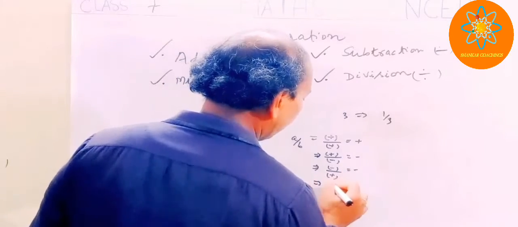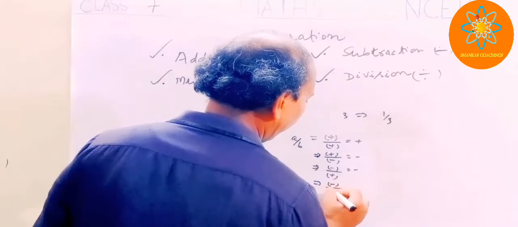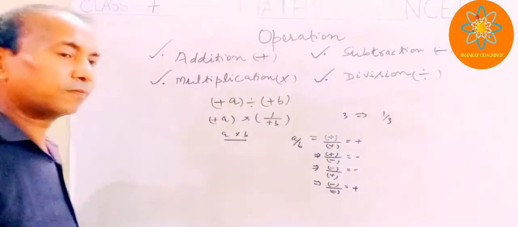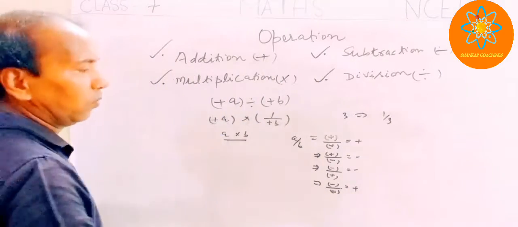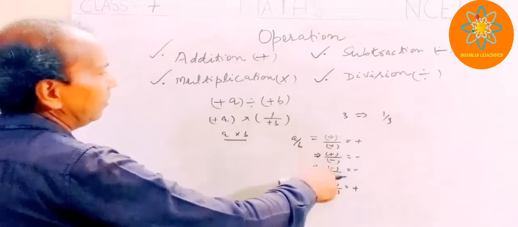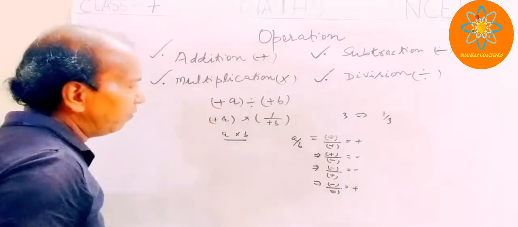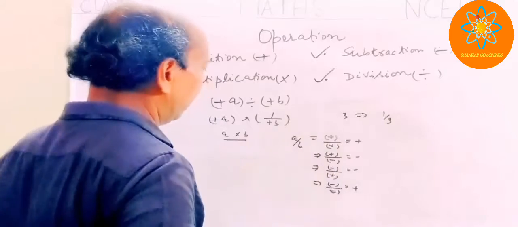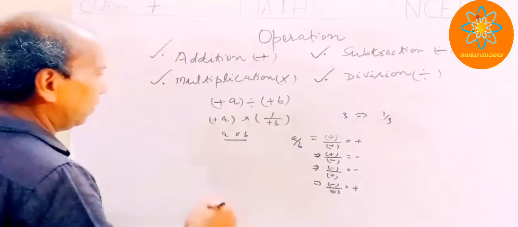And same sign, if we have negative and negative, then the same sign, so it is positive. So this is the sign rule. It is the same in the case of the multiplication, only the difference is one is in the numerator, another in the denominator.